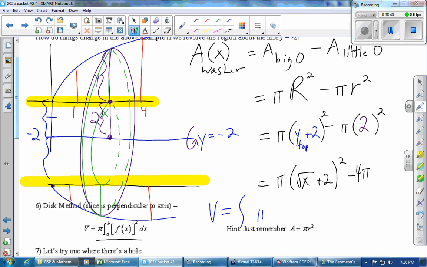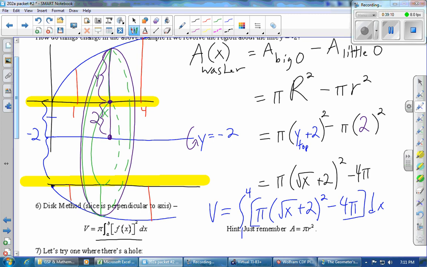So we're going to take all that stuff, pi root x plus 2 squared minus 4 pi. The whole thing is in the integral. It's a dx. And as you sweep our washer left and right, x starts at 1 and ends at 4, and that's it.